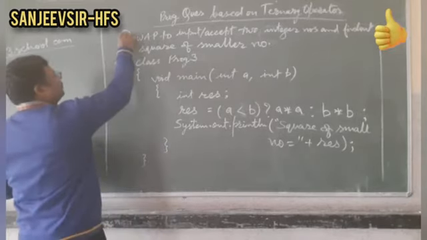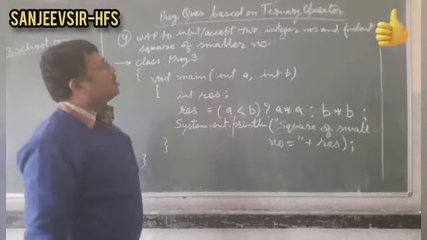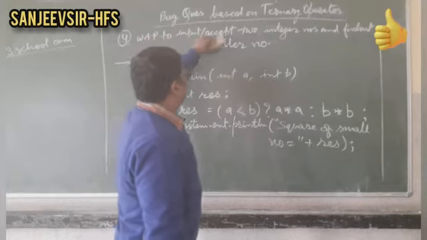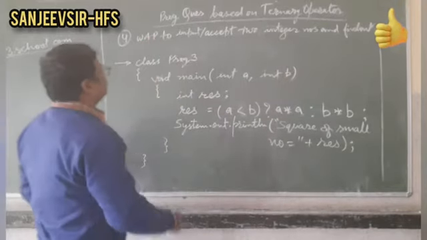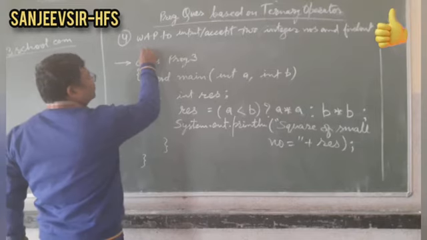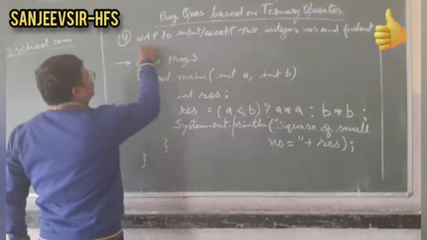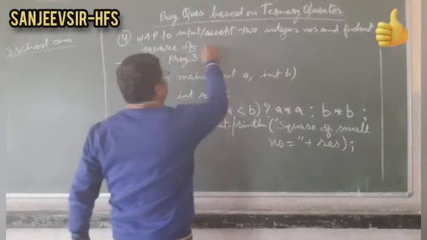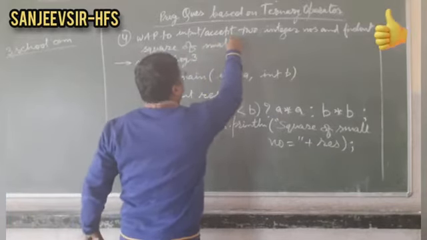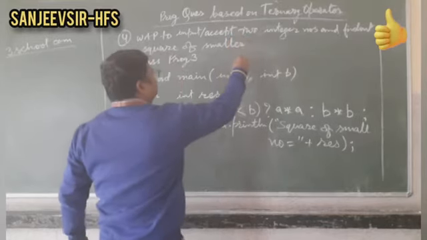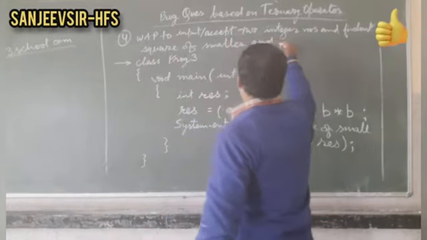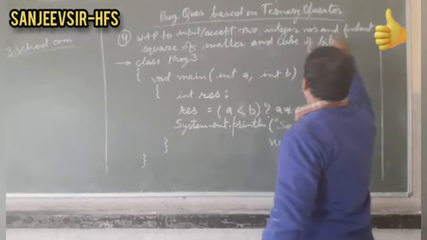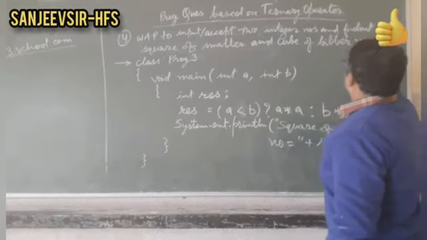In question number 4, we have to accept two integer numbers and find out the square of the smaller and the cube of the bigger number.